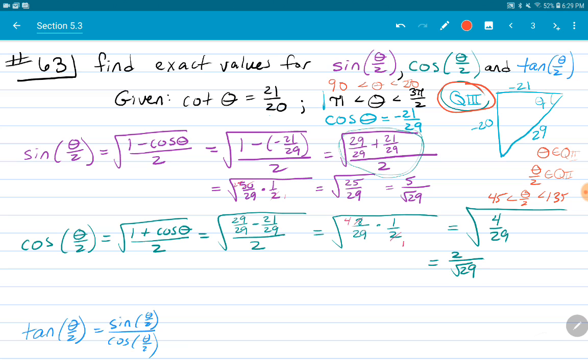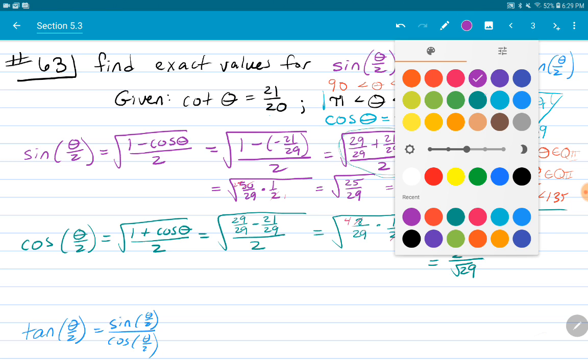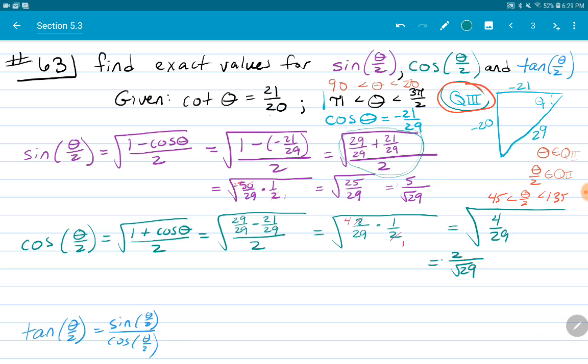In quadrant 2, sine is positive, so we'll leave that purple one positive. And cosine will be negative, so I need to put a negative out in front for this one. I'll just put that negative all through here.